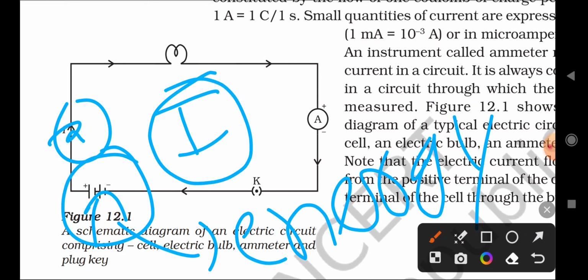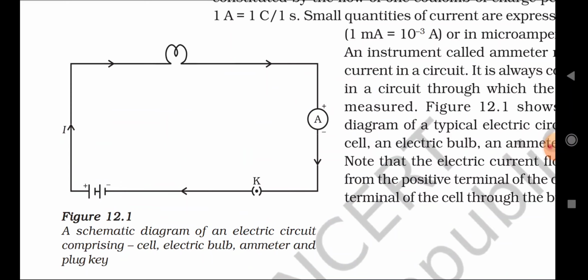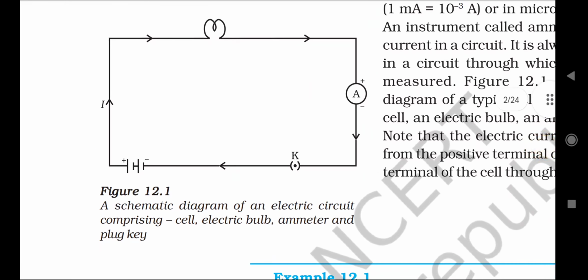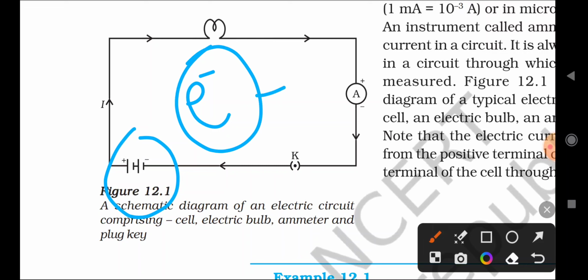Correct? Understood? So how does the battery provide the energy? Inside the battery a chemical reaction takes place. Okay, so remember here, due to the battery providing energy, electrons are moving. Electrons moving means they constitute electric current, correct?